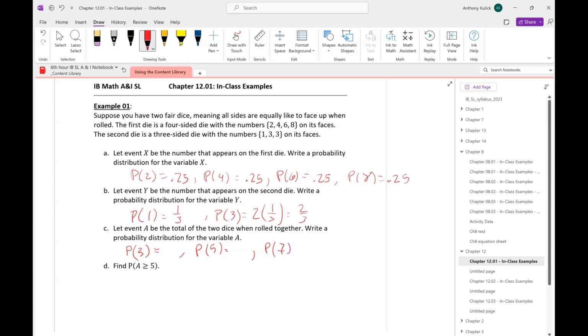Again, 1 and 6 or 3 and 4. 9. 9, good. That's 6 and 3 or 8 and 1. And there's one more. 11. Okay. Now we have to calculate the probabilities for these.